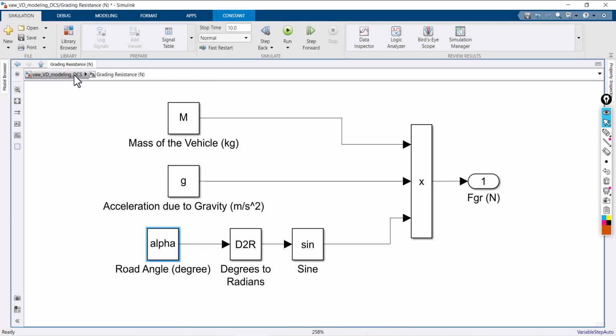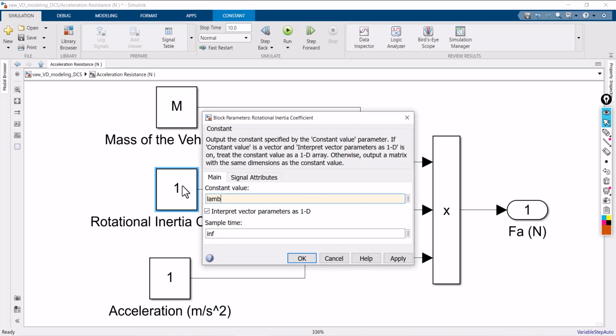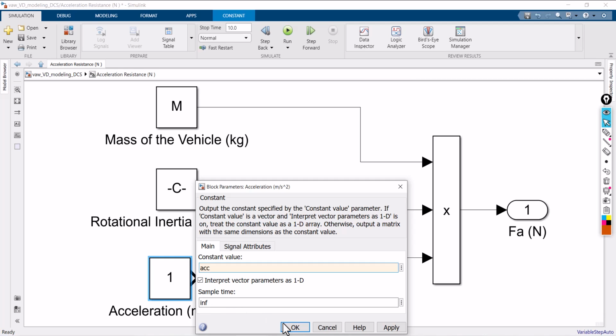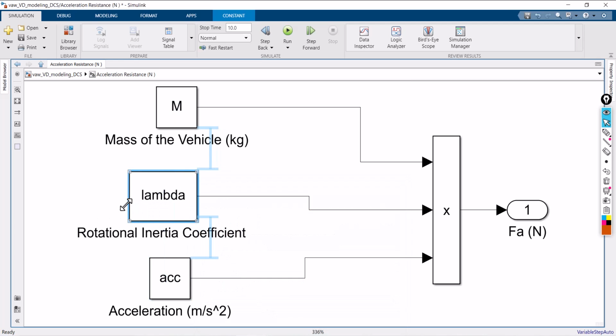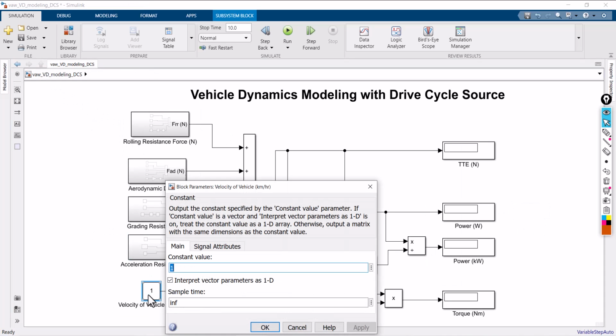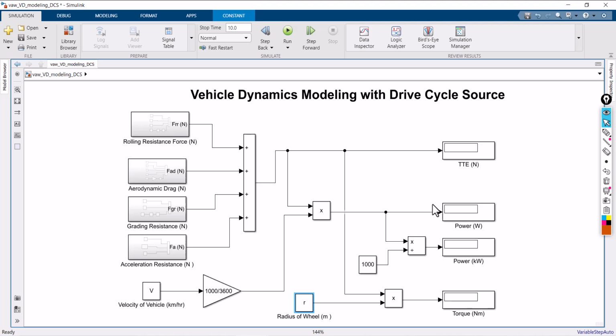This is alpha. Lambda. And this one is ACC. This is also the same V. This is R, radius of wheel.